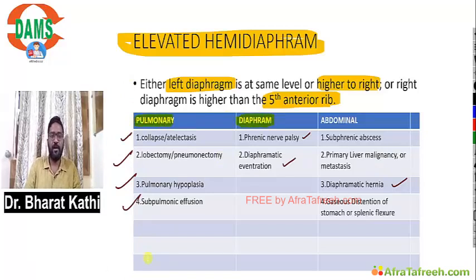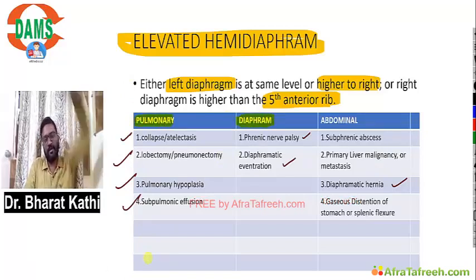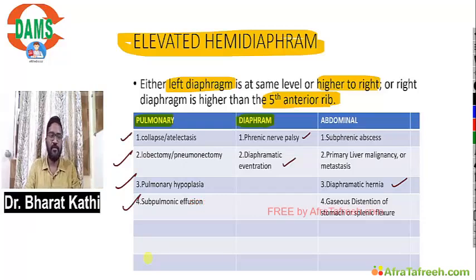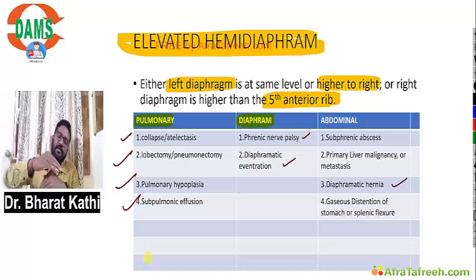Pulmonary causes: collapse, atelectasis, lobectomy or pneumonectomy. All these are volume loss, so it can pull up the diaphragm. Pulmonary hypoplasia: on that side the lung is not developed, so the diaphragm can move up. Subpulmonic effusion: collection of fluid beneath the lung. This is your lung and this is your diaphragm.